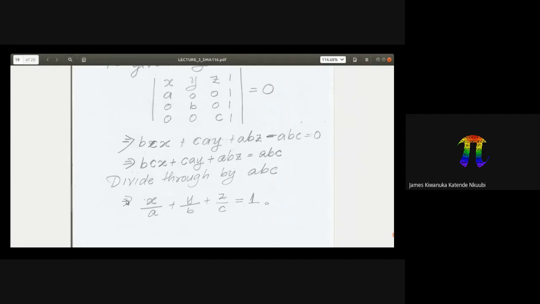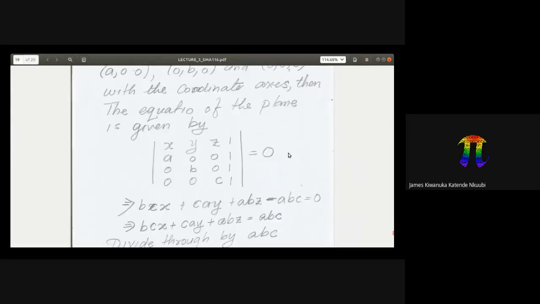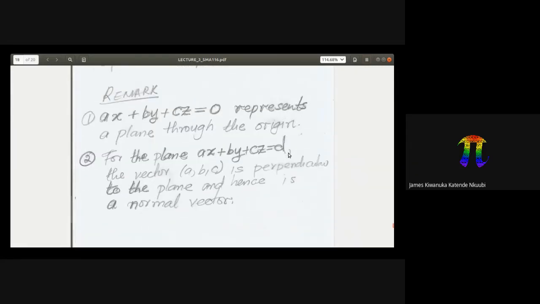So you could also think of this as follows. If you go to the algebraic form of the equation, if you have it in this form, ax plus by plus cz is equal to d, if you divide both sides by d, you will have 1 on this end, and here you'll have ax over d plus by over d plus cz over d.